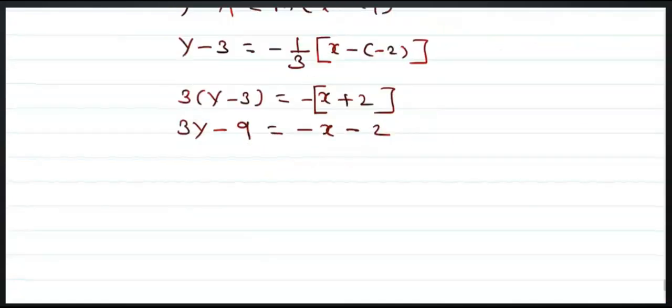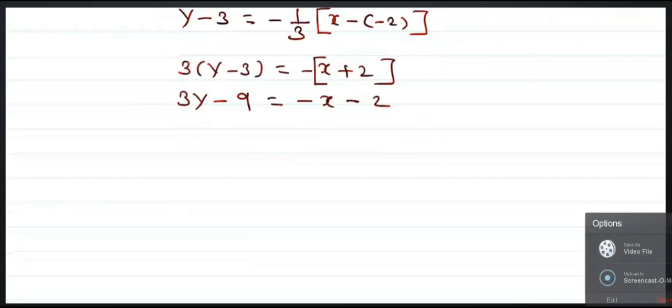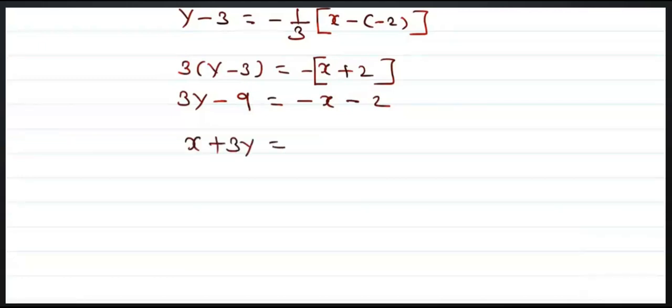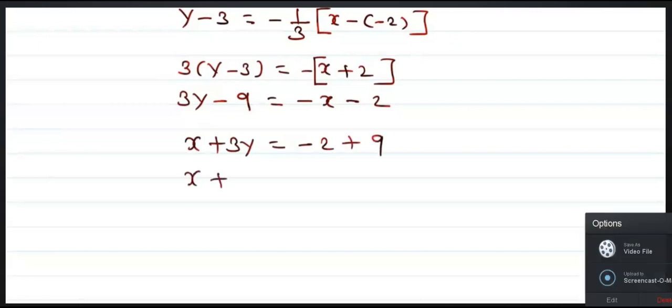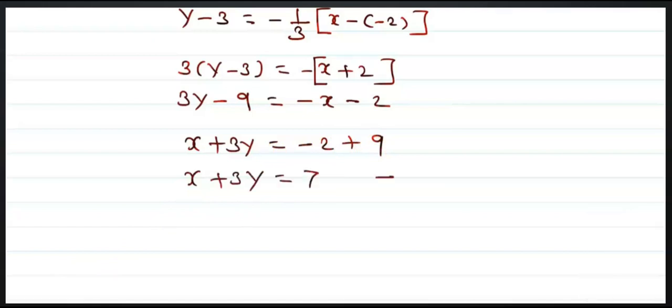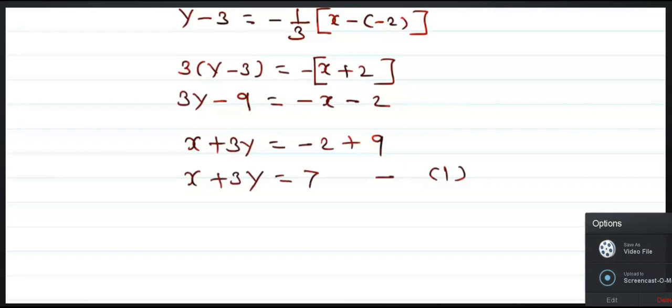Therefore, in the simplified form, it is written as x plus 3y minus 2 plus 9, and x plus 3y is equal to 7. This is equation number 1.